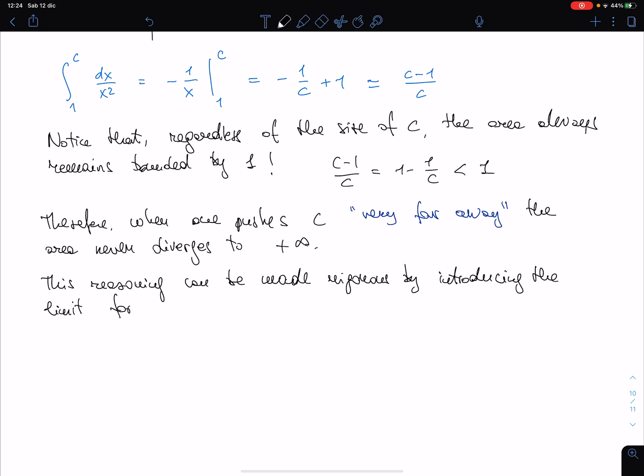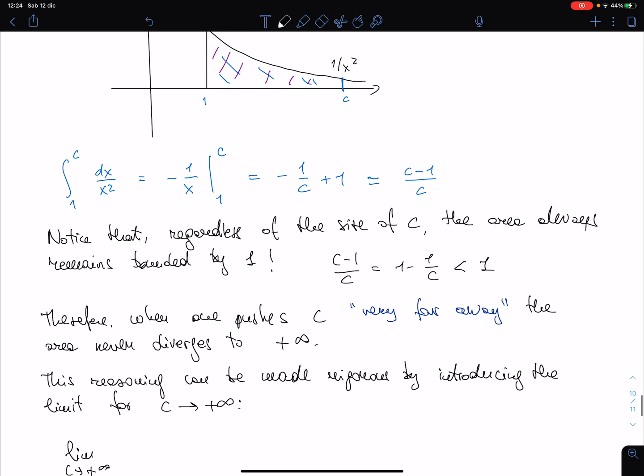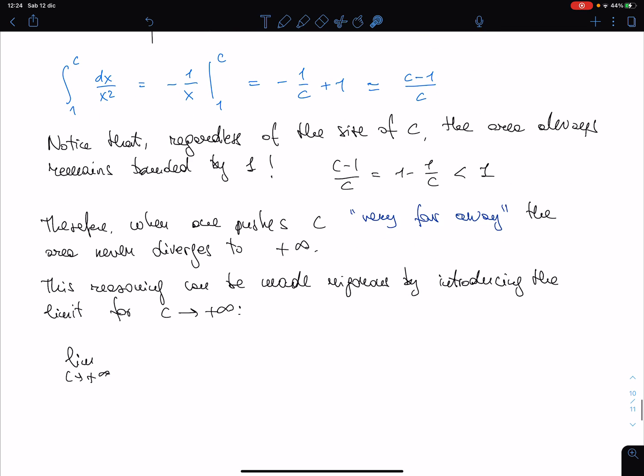The limit for c going to plus infinity, which means that c is pushed very far away, is the most intuitive and natural idea of painting all this wall up to plus infinity. So the limit of the area between 1 and c of 1 over x squared is the limit for c to plus infinity of 1 minus 1 over c, which is equal to 1.